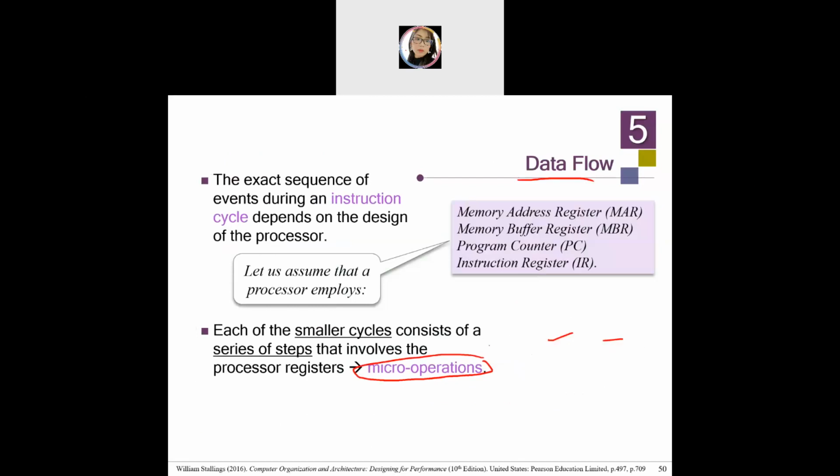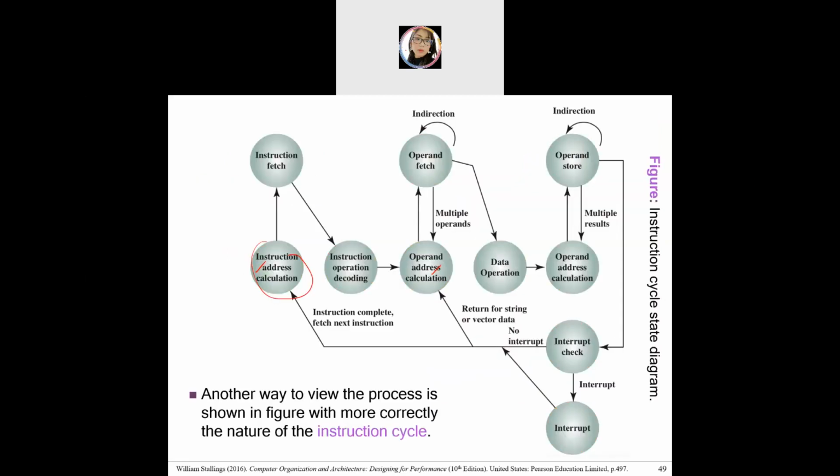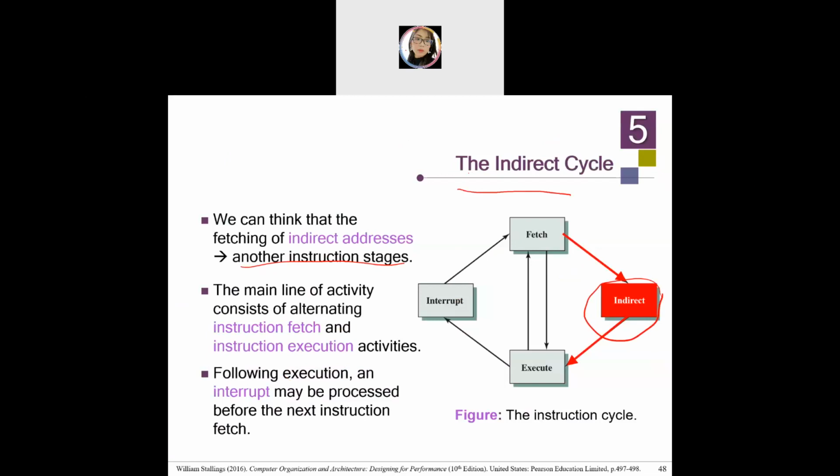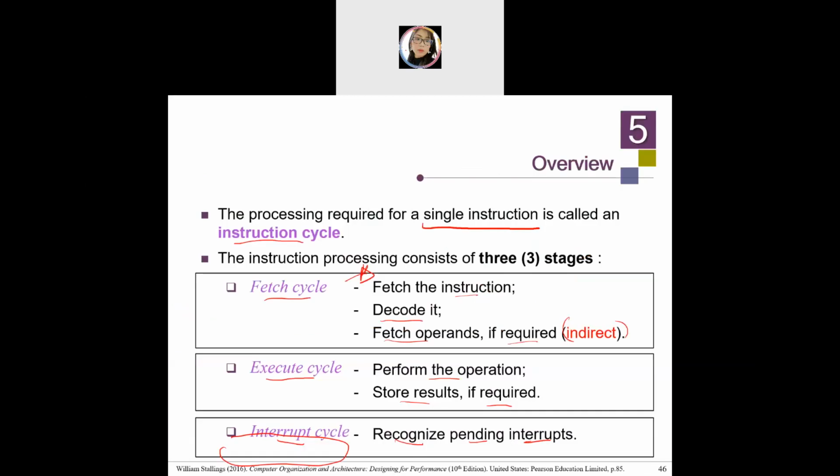Later we're going to discuss in depth at 5.5 and 5.6. And here is the general flow for the indirect cycle and for the instruction cycle for the interrupt. Later on, we're going to go deeper at fetch cycle, execute cycle, interrupt cycle.